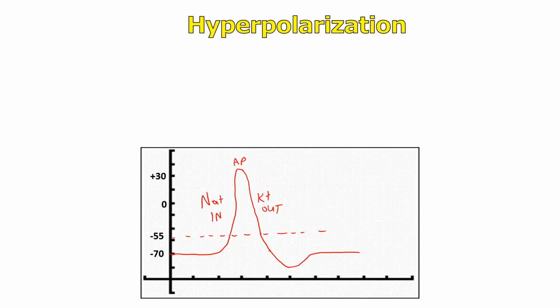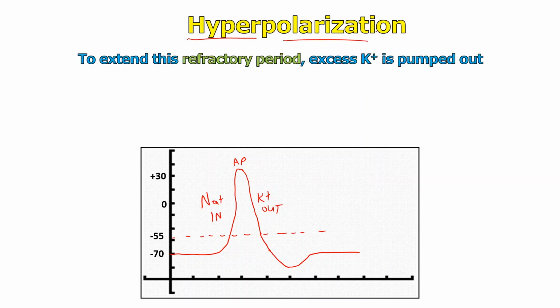And this little event here where we overshoot our target is called hyperpolarization. Now, the point of the hyperpolarization is to extend the refractory period. Remember, we had somewhere in this area an absolute refractory period where we simply could not stimulate that neuron again.